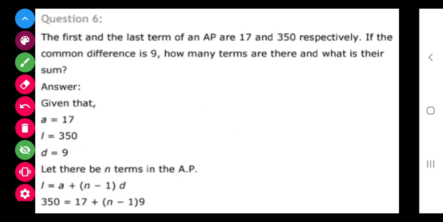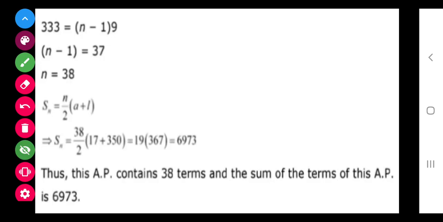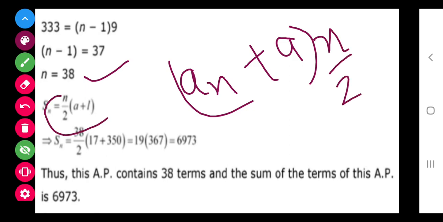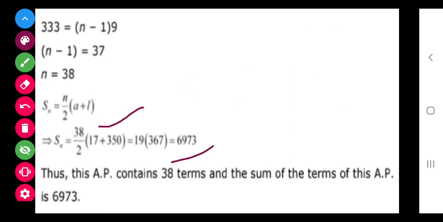After substituting the values for d, a and an, we can easily get the value of n. So on the next page you can see that they have determined the value of n. Finally we need to get the sum. an we know, a we know, and n we know. So this formula we can implement and we can finally get the value of Sn.